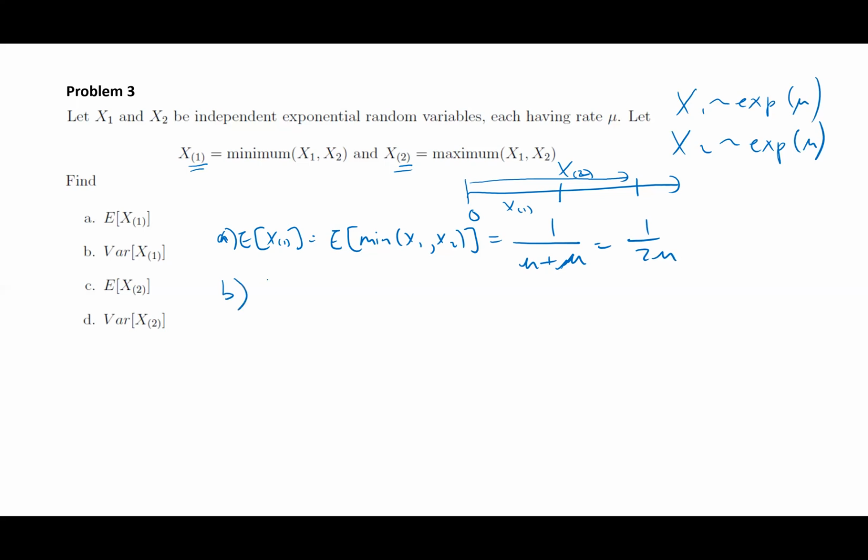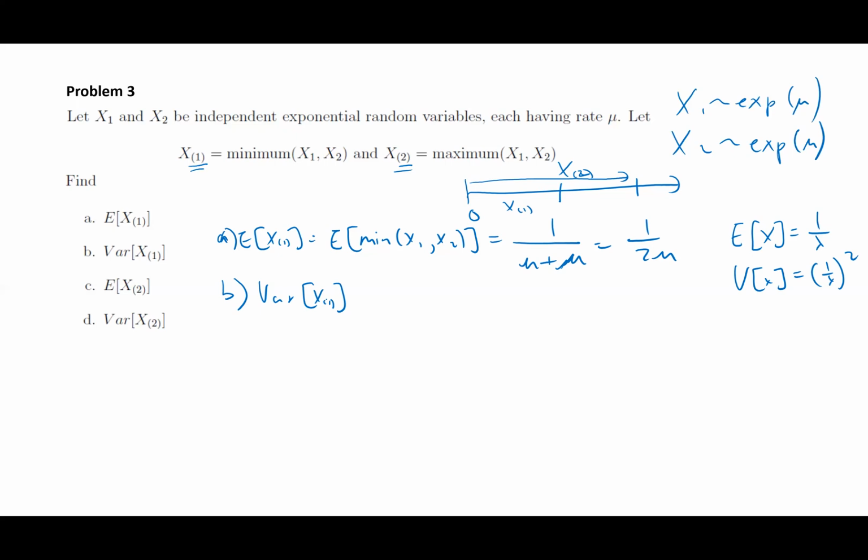Part B, I want the variance of X_(1). How do I get the variance? The nice property of an exponential distribution is that the expected value is just 1 over lambda, and the variance is 1 over lambda, the whole quantity squared.